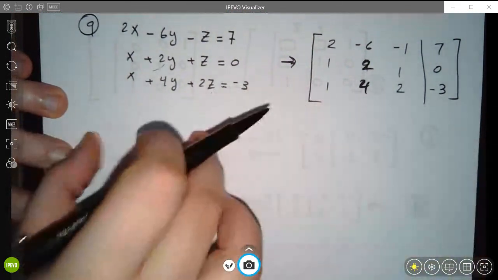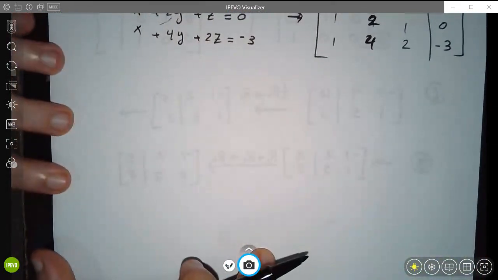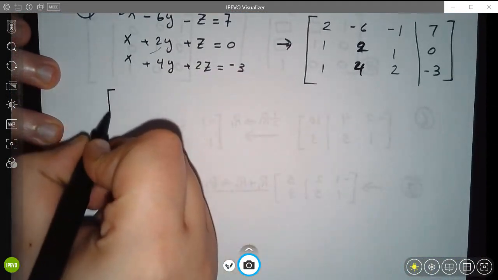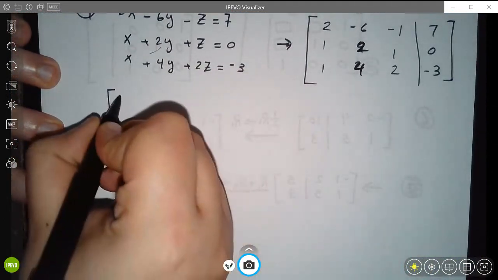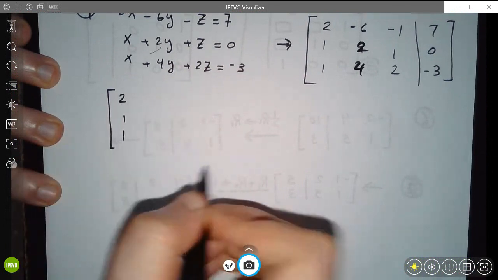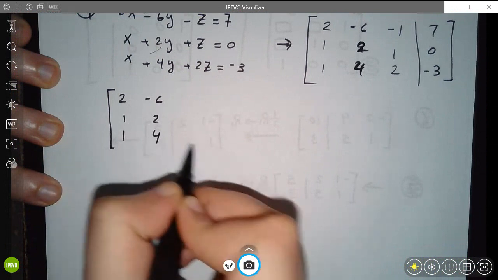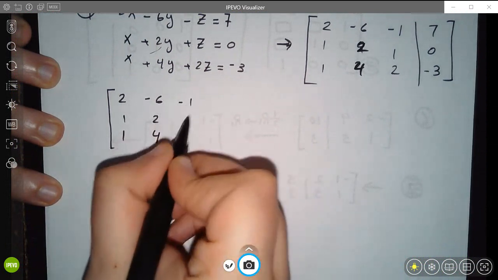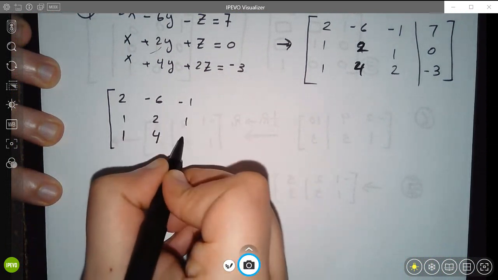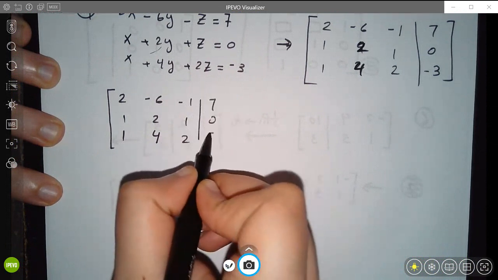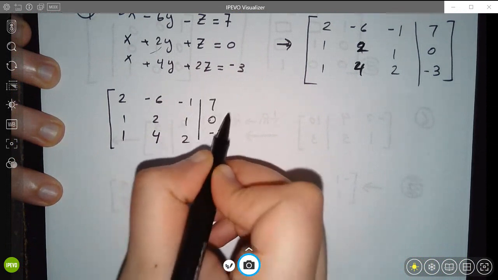I'm going to copy this one right here. Oops. I want you guys to see it while I copy. 2, 1, 1. Here's 6, 2, and 4. Negative 1, 1, and 2. 7, 0, negative 3.